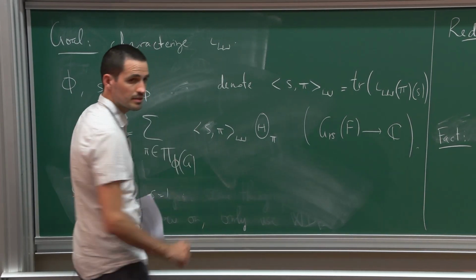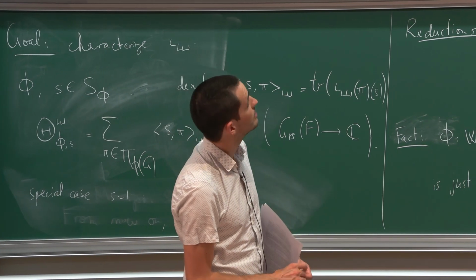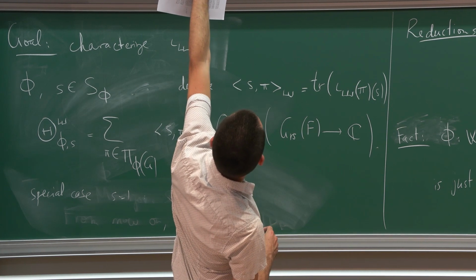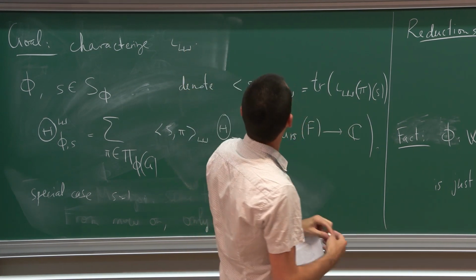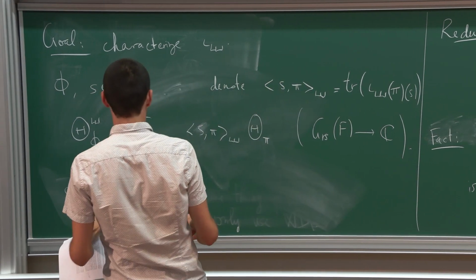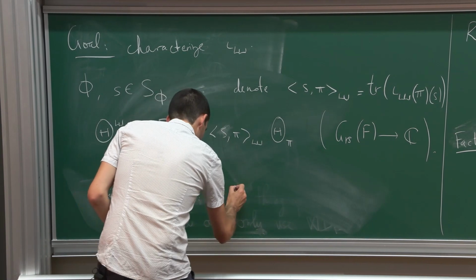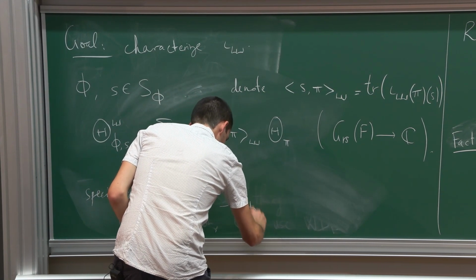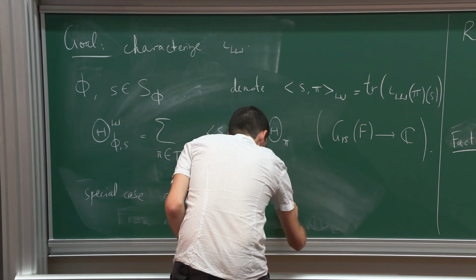And what is the upside by the bijection? Sorry? What is the upside or iota w? Iota w is this bijection. So sorry, I went back. I said that we should have this thing, and I said actually it depends on w. So s theta phi is this thing.